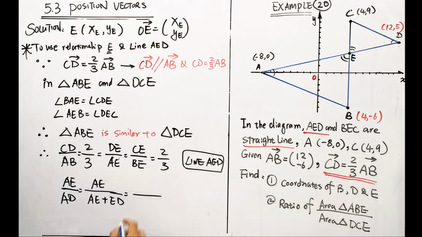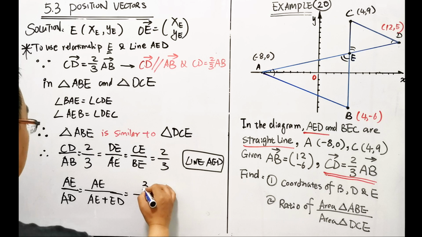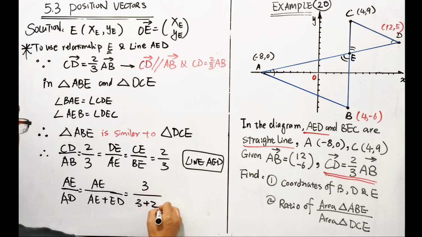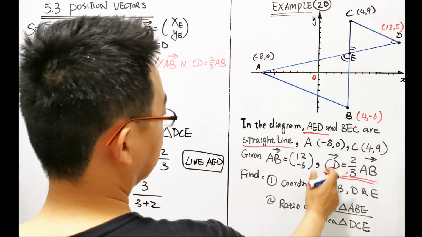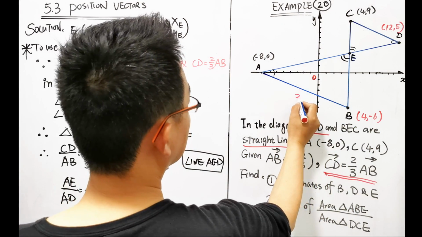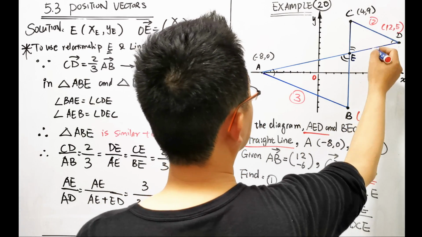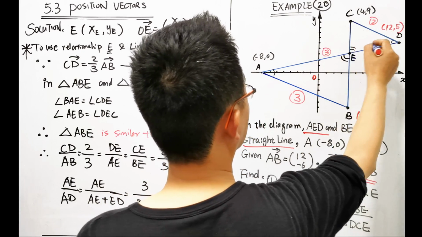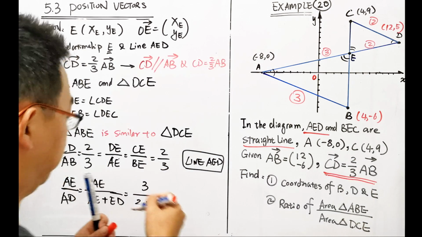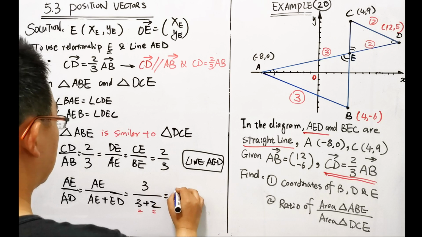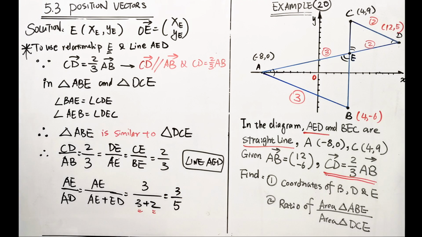So from here we know that this is 3, right? And this is 3 plus 2, right? Then we get a ratio of 3/5.